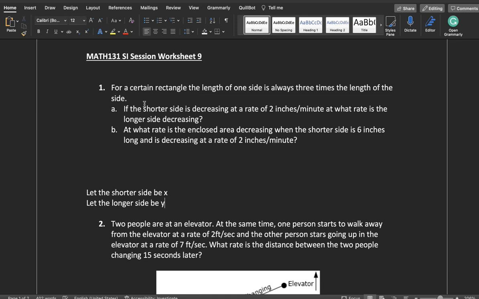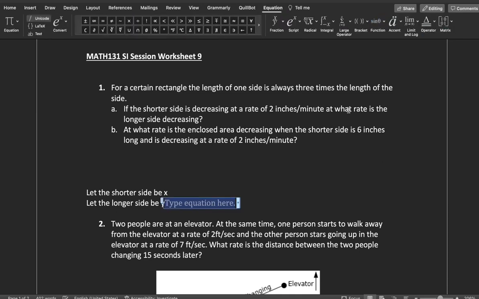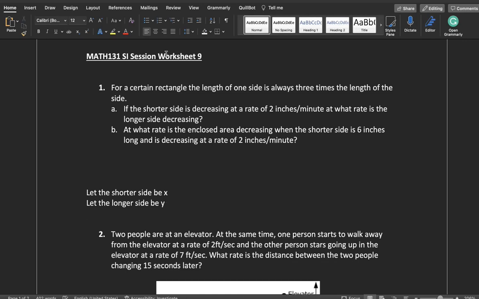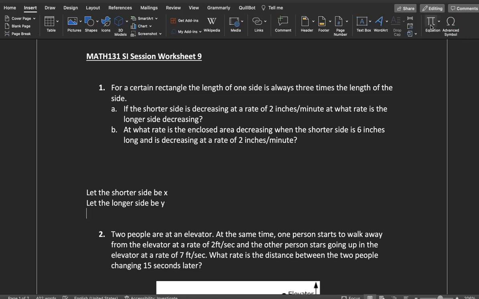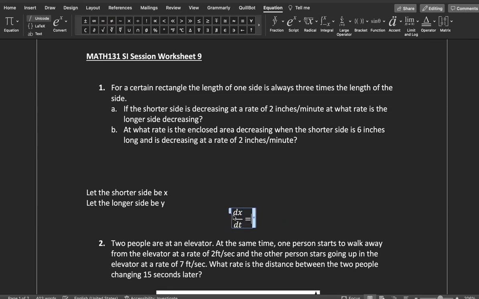Now, what the question is telling us is that the shorter side is decreasing at a rate of 2 inches per minute. So what does that mean? Remember, in our case here, the shorter side is x. So all it means is dx over dt, the change in x over time, is decreasing, right?